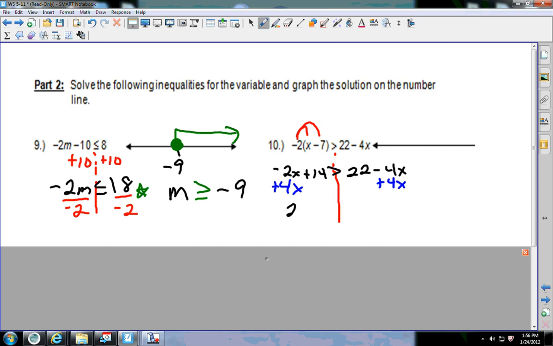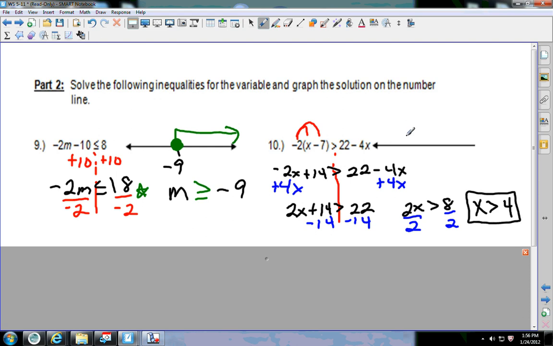I get 2x plus 14 is greater than 22. I'm going to subtract 14 from each side. I get 2x is greater than 8. Divide by 2. X is greater than 4. There's my answer.